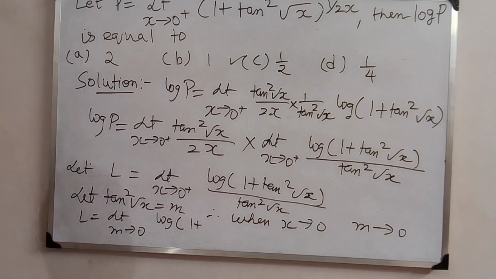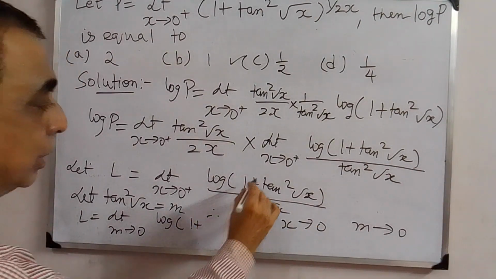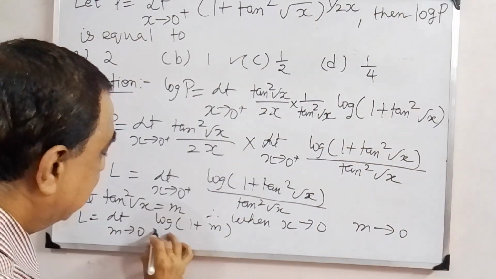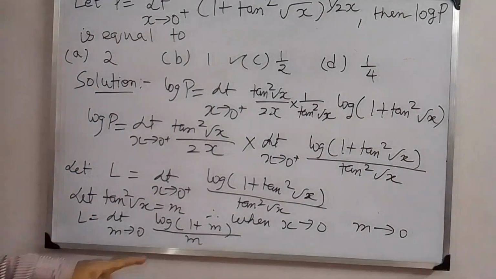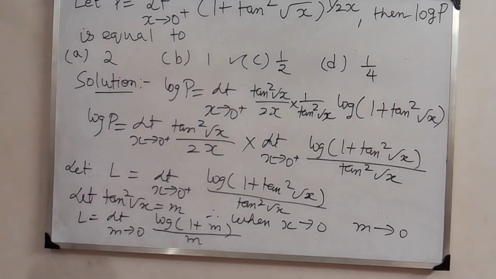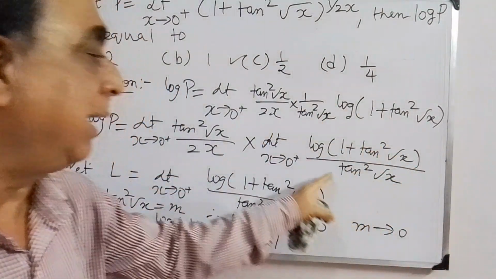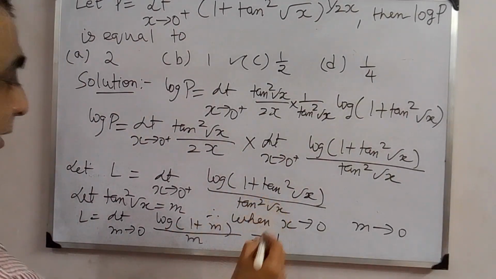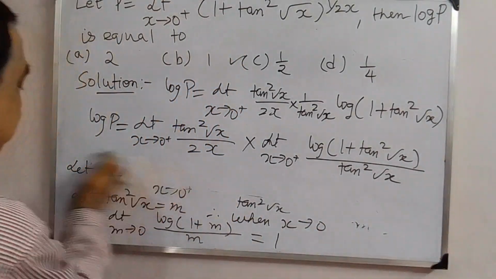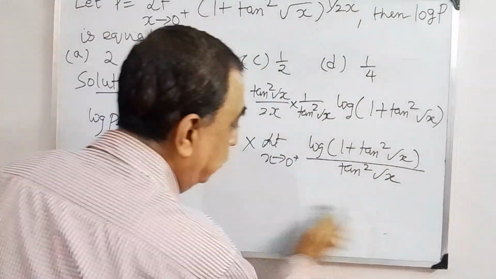The value of log(1 plus m) divided by m when m tends to 0 is 1. So we put its value as 1. So L equals 1. I have shown you how we got the value 1.